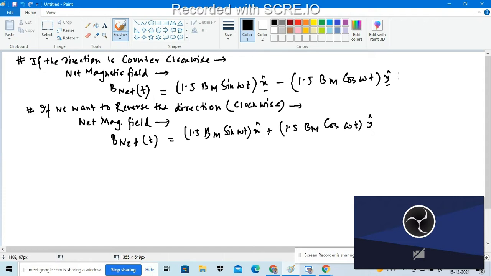Over here we change the sequence. At a particular time, the magnetic field we see over here and the magnetic field we see over here must have the same magnitude. The magnitude must be the same in both cases, right?